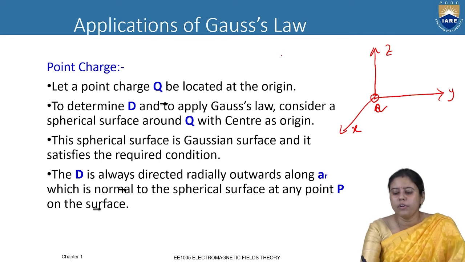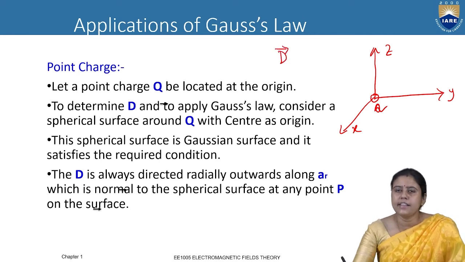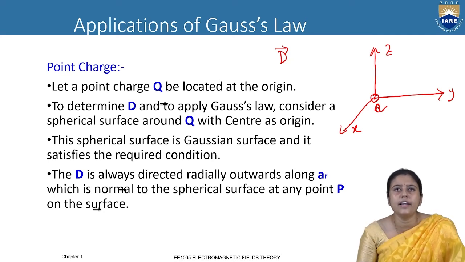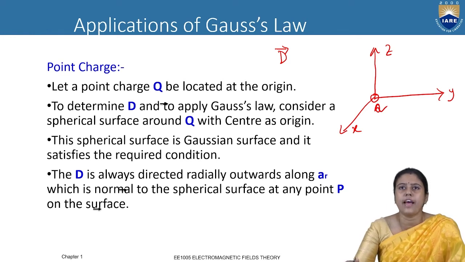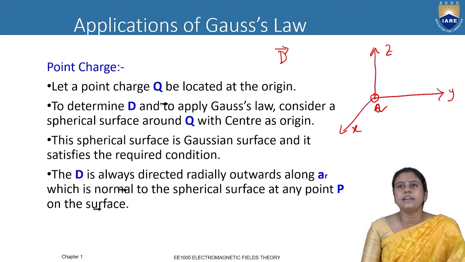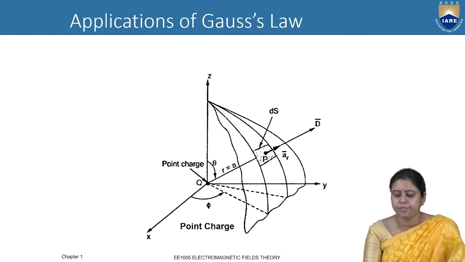We have to calculate the flux density D. When nothing is mentioned, we take the Gaussian surface as a spherical one. And what is the direction of D?